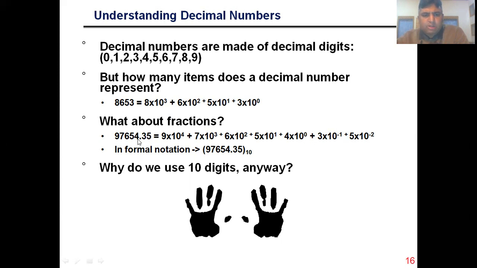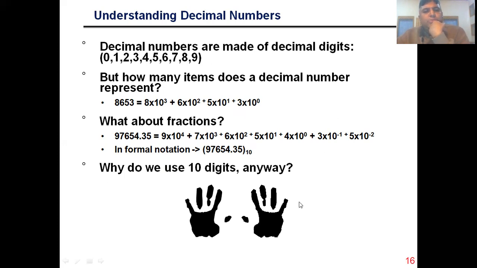After the decimal point, we have 3 into 10 raised to the power minus 1 and 5 into 10 raised to the power minus 2. If we add all of these, we get 97654.35, which is a fractional or decimal number. In formal notation, 97654.35 is a decimal number or base 10 number.